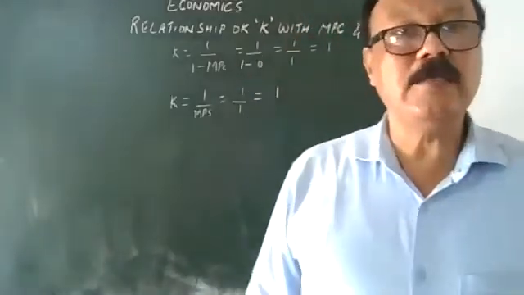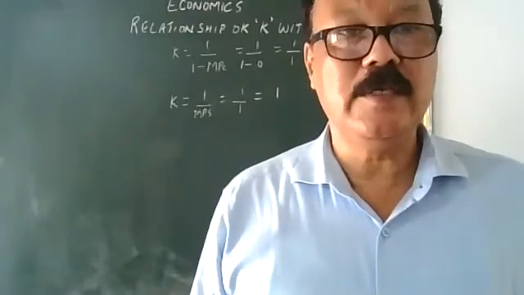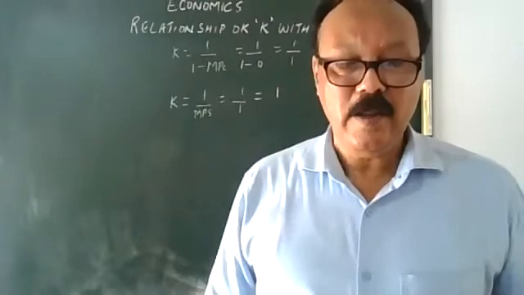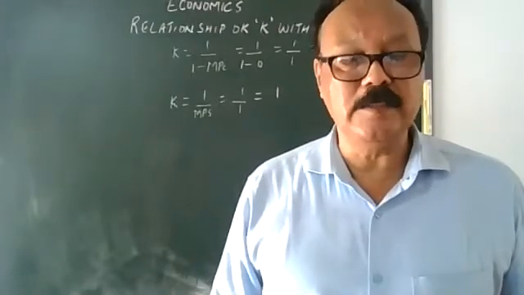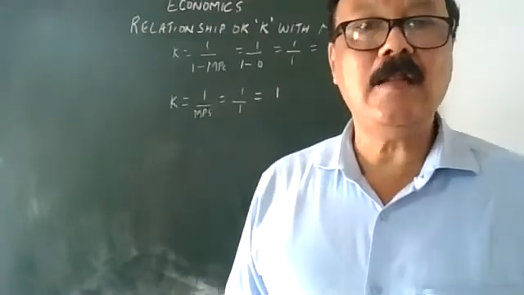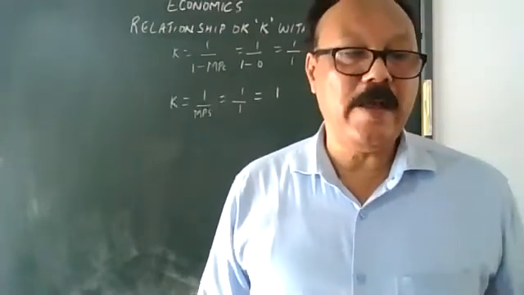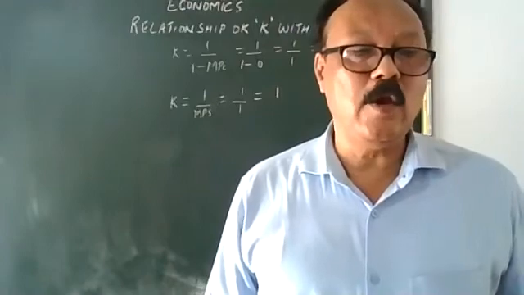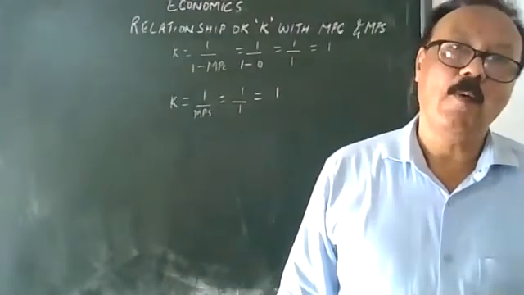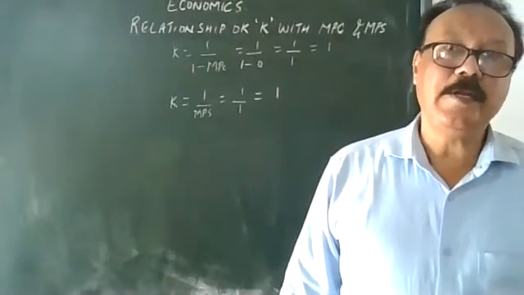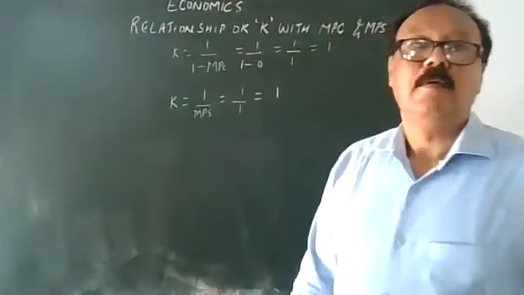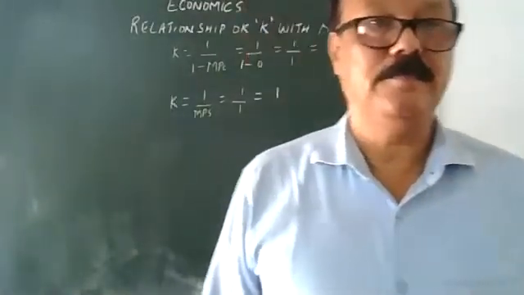Otherwise, it would suffice if you say the maximum value of the multiplier is infinity when the value of MPC is 1 and MPS is 0, and the minimum value of multiplier is 1 when the value of MPC is 0 and MPS is 1. If the weightage is more, you can give these for your answer.